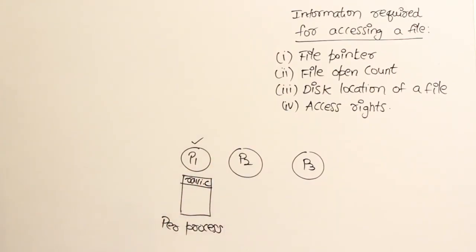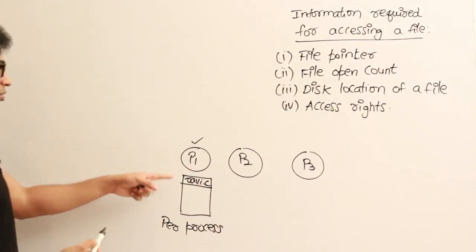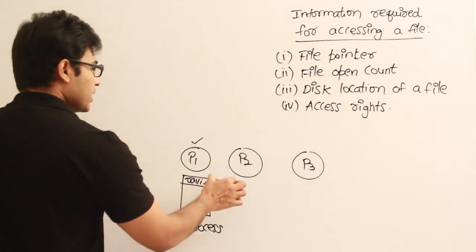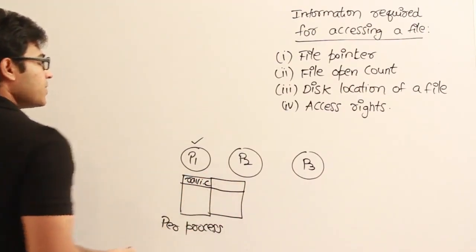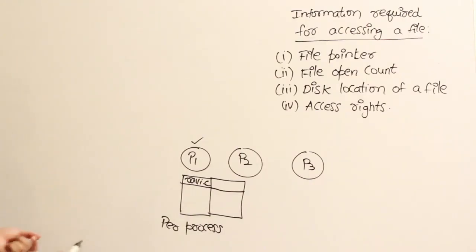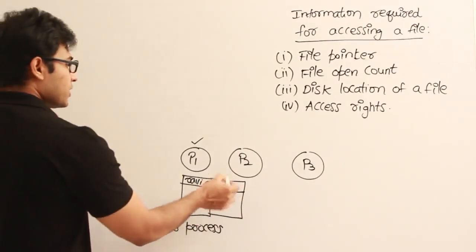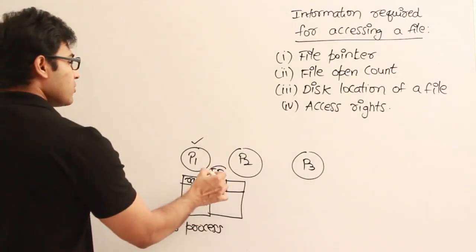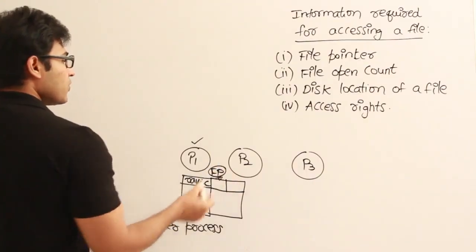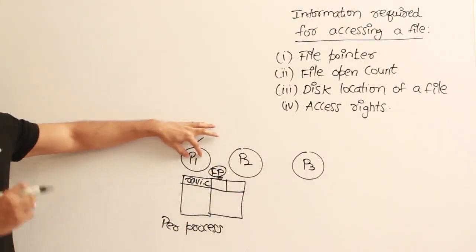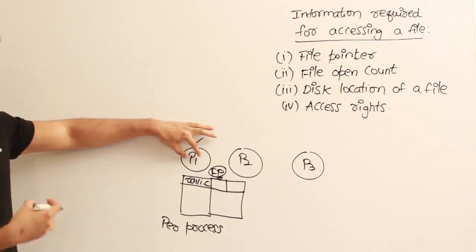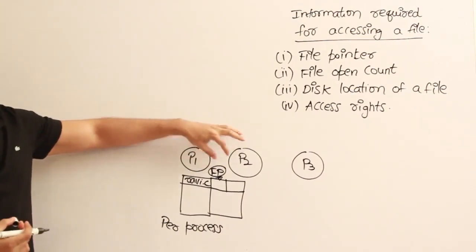Now this file is going to be opened, so it is going to maintain some more information about the file. The most important information is a file pointer. This file pointer is going to point into the file about where we left reading or writing last time. So again, if you have to access the file, we can resume the operation from the point where you have left it.